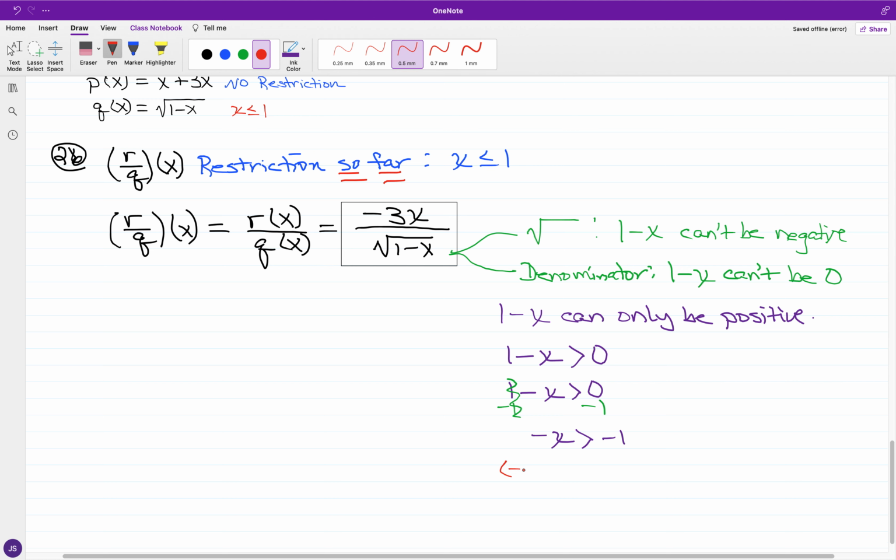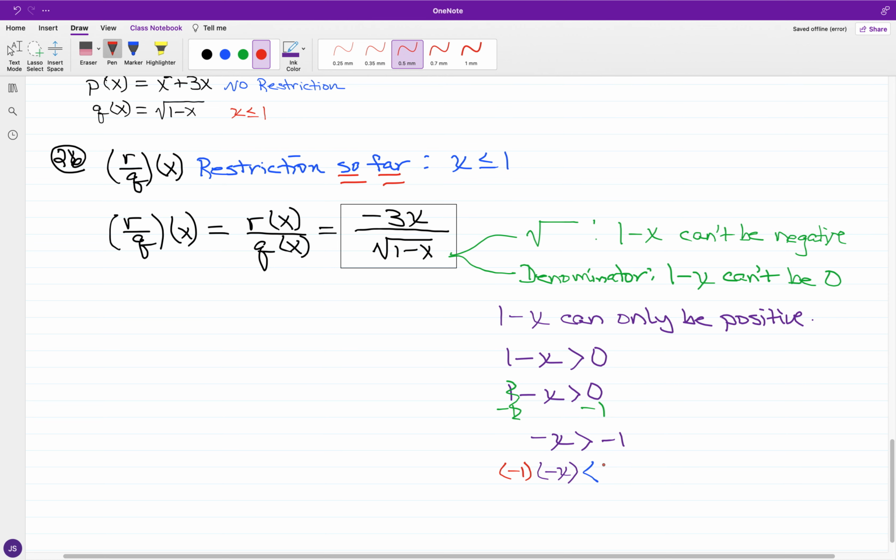Again, if I change the signs, whether it's through multiplication or division, we're going to have the direction of the inequality change. And so negative 1 times negative x, that will be x, and x in turn is going to be less than 1.